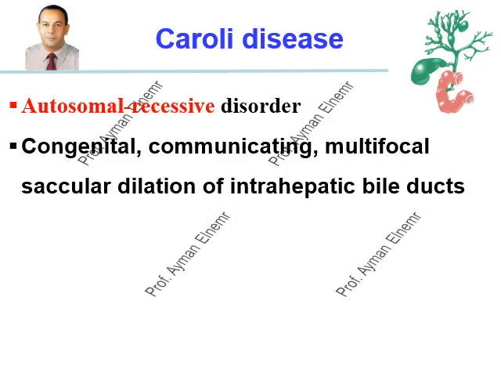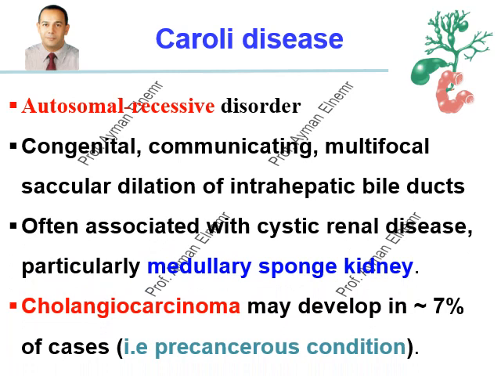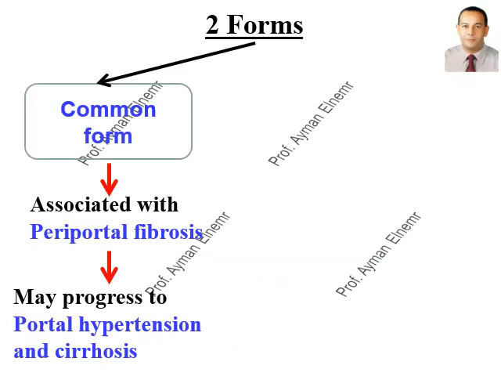Caroli disease is an autosomal recessive disorder characterized by congenital communicating multifocal saccular dilatation of intrahepatic bile ducts. It is often associated with cystic renal disease, particularly medullary sponge kidney. Cholangiocarcinoma may develop in up to 7% of cases.